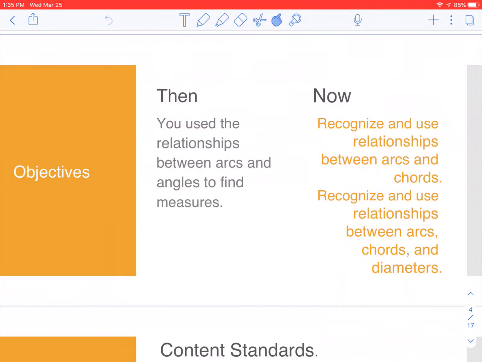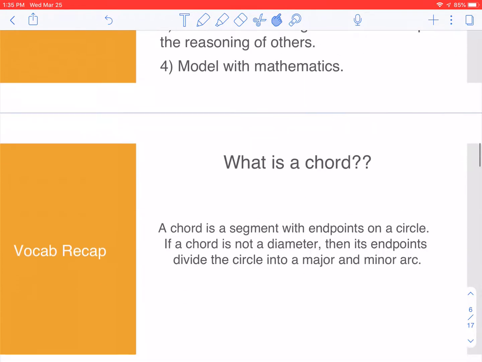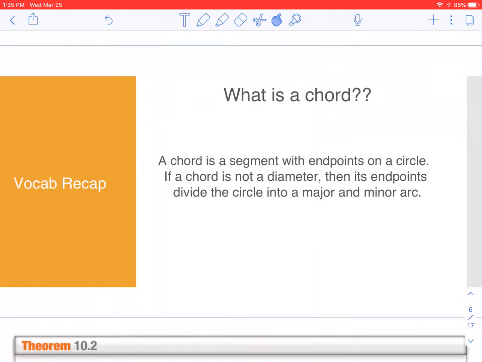Okay? So last time we used relationships between arcs and angles to find measures. Now we're going to recognize the relationships between arcs, chords, diameters, all that good stuff. Just a reminder, a chord is a segment with endpoints on a circle. So if I draw my circle here, I learned how to draw a perfect circle.